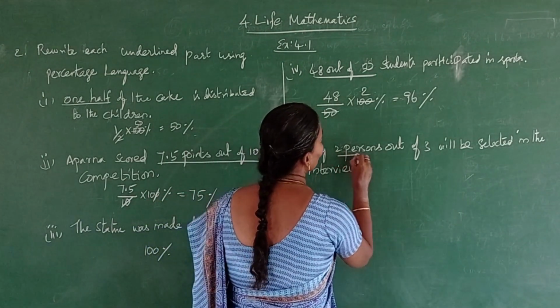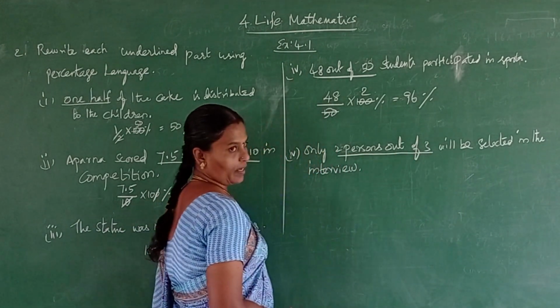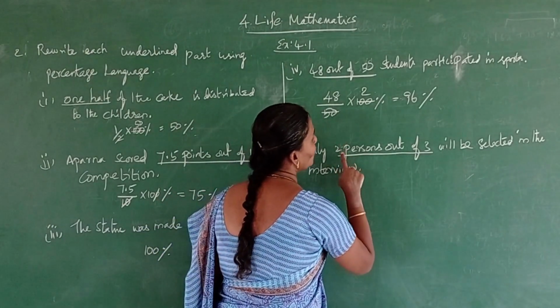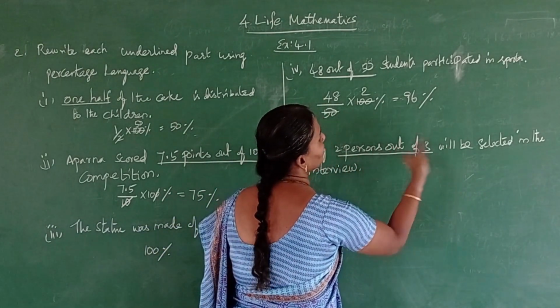Now we see the fifth one. Only 2 persons out of 3. Here which is underlined, 2 persons out of 3.